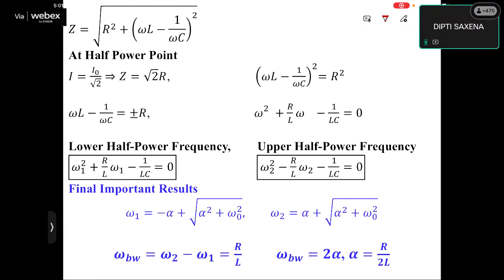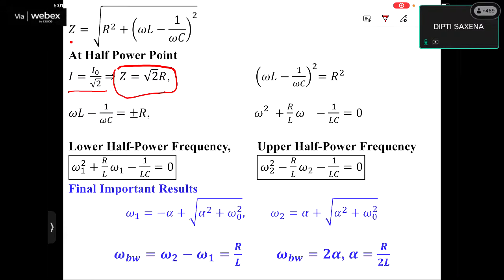Now, at half power point, since the current is 1 by under root 2 times the current at resonance, the impedance will be under root 2 times the impedance at resonance. The impedance at resonance is R. Now, at half power point, replace Z by under root 2 R and square both the sides.